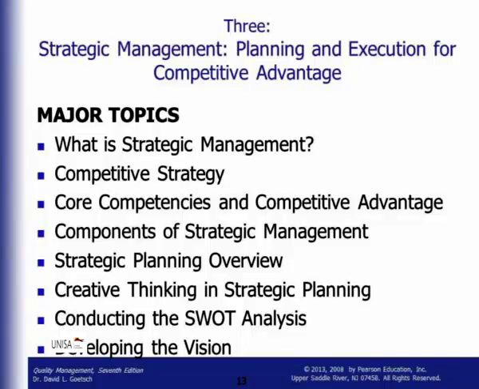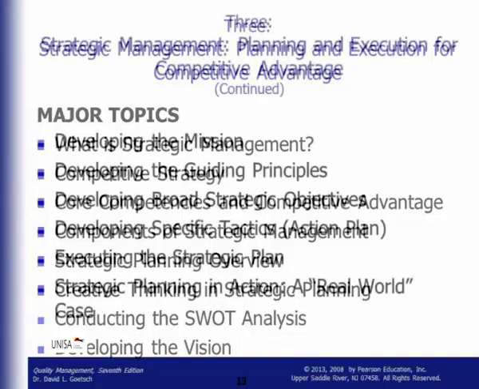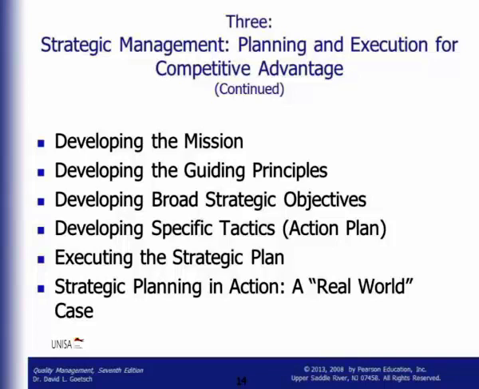Some of the major topics in this chapter are: what is strategic management, competitive strategy, core competencies and competitive advantage, components of strategic management, strategic planning overview, creative thinking in strategic planning, conducting the SWOT analysis, developing the vision, developing guiding principles, developing broad strategic objectives, developing specific tactics, which is the action plan, executing the strategic plan, and strategic planning in action, a real-world case.